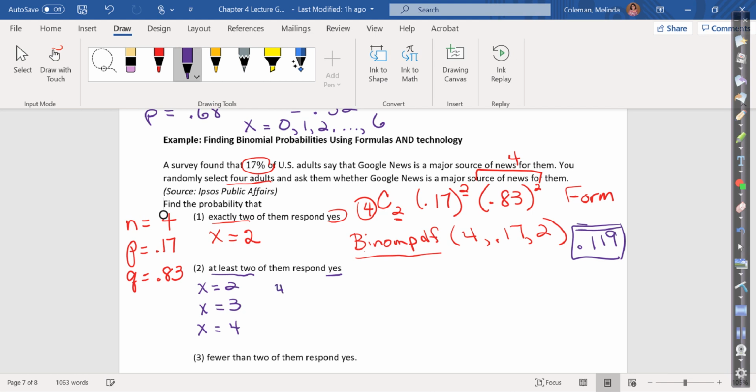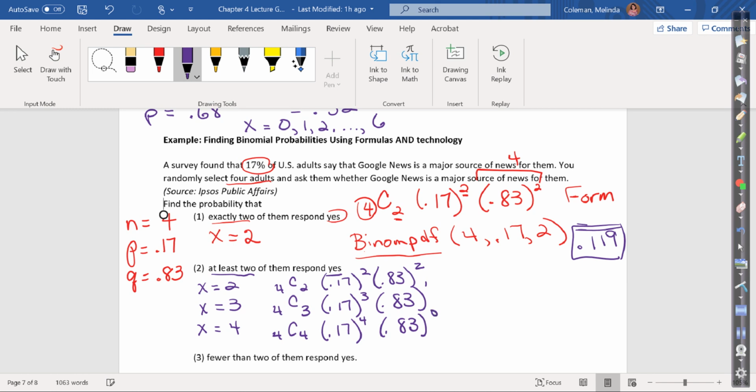So 4C2 of the 0.17 squared and the 0.83 squared. 4C3, 0.17 raised to the third power, 0.83 raised to the first power. And 4C4, 0.17 to the fourth power, times 0.83 to the 0 power.